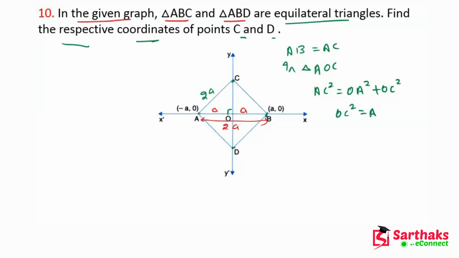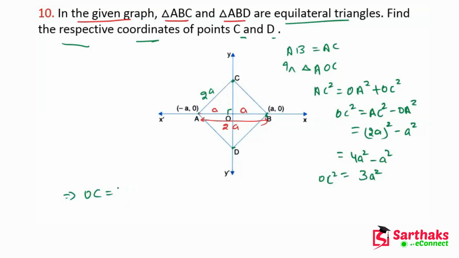So OC squared equals AC squared minus OA squared, which is (2a) squared minus a squared. This becomes 4a squared minus a squared, which is 3a squared. So OC is root 3 times a.